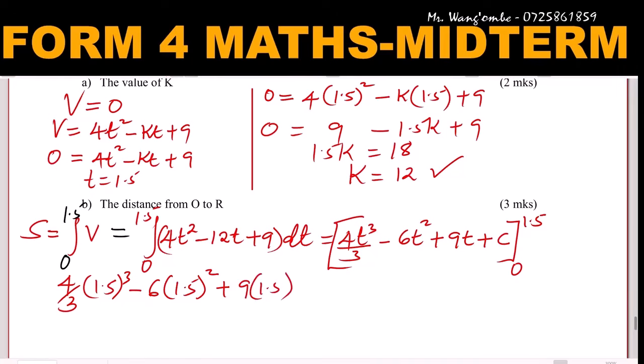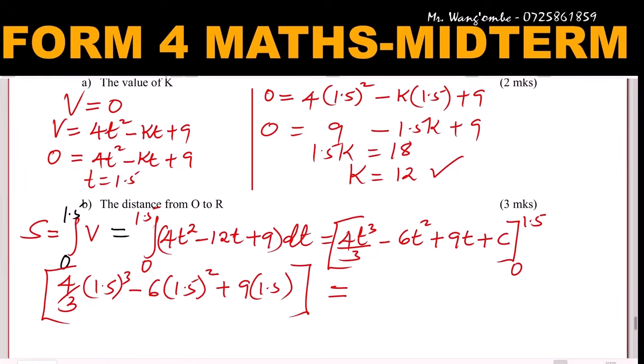And when you substitute 0, of course c will be eliminated, and you only have 0, so that will not make any difference. So what you need to work on is simply what we have here. Use your calculator to work these out.